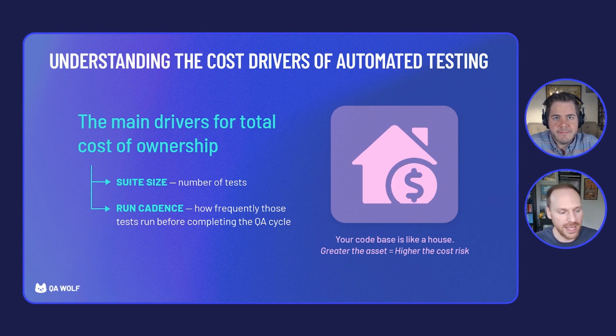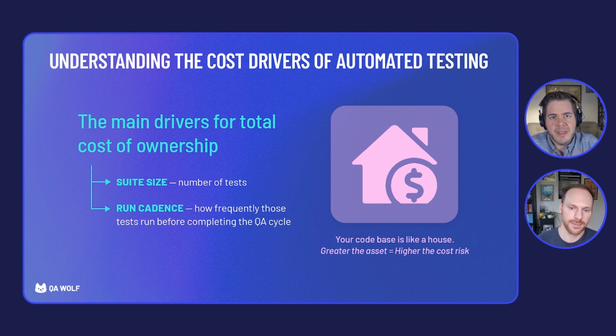Same thing with a car going from a lower price or older car that doesn't have too many bells and whistles to something that is extremely complex and has more failure points. There's just going to be more labor involved in fixing these things because there are more points of failure for those. So yeah, I think that's a really wise way to look at this.